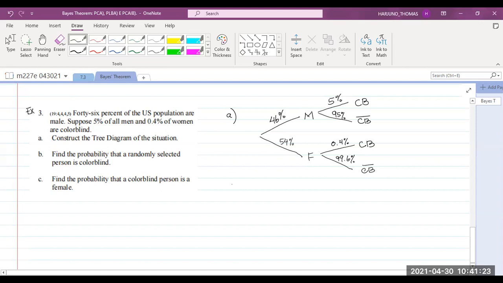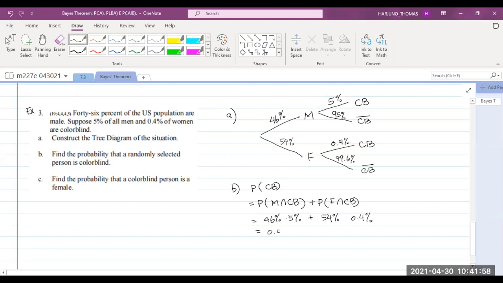Now, part B, what is the probability a randomly selected person is colorblind? That is equal to probability men and colorblind plus probability women and colorblind. That is 46% times 5% plus 54% times 0.4%.